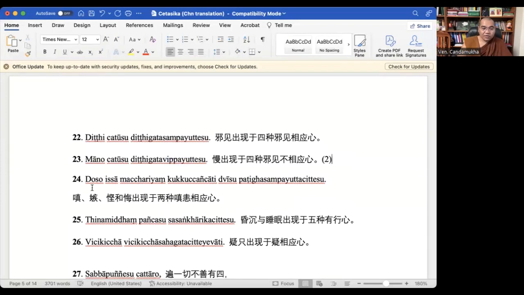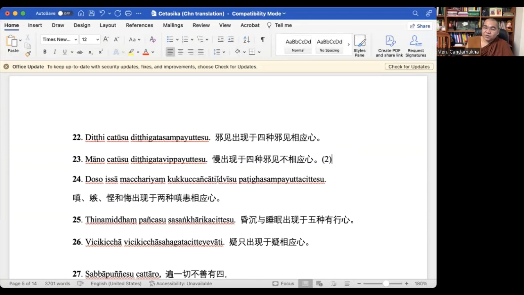And then dosa, issa, macchariya, kukkucca. Dosa, anger; issa, envy; macchariya, jealousy or stinginess; kukkucca, remorse.